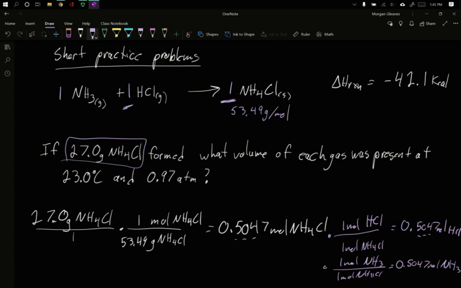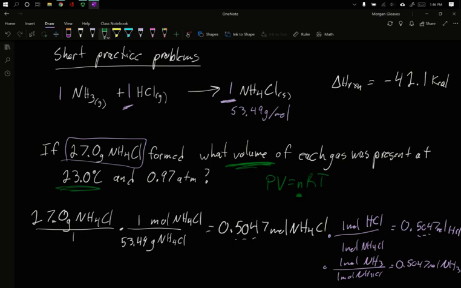Well, this tells me the moles of each of my gases. One of the questions we're trying to solve is what is the volume of those gases? To solve for a volume, if you're talking about a gas, the only real way we have is PV equals nRT, the ideal gas law. I was just given moles; we solved it from the balanced reaction.